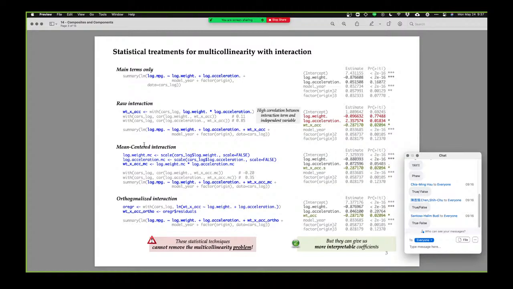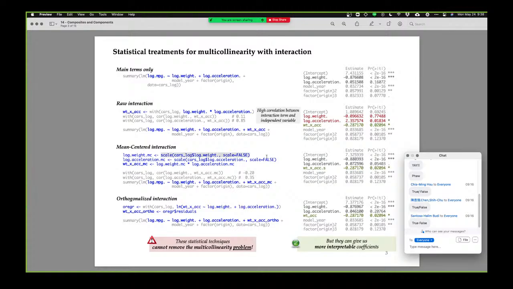So the two tricks we looked at, one was mean centering and the other was partial orthogonalization, are essentially two tricks to help us interpret the results a little bit better. Let me just see what happens when we do this. So mean centering: we just take log weight and subtract from it the mean of log weight.